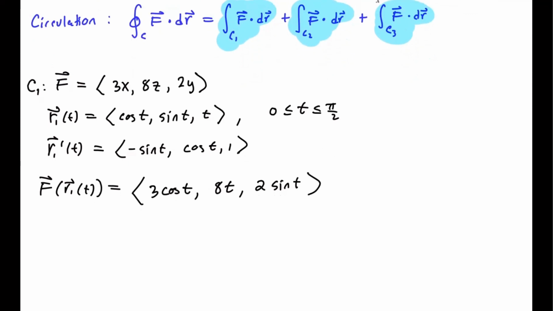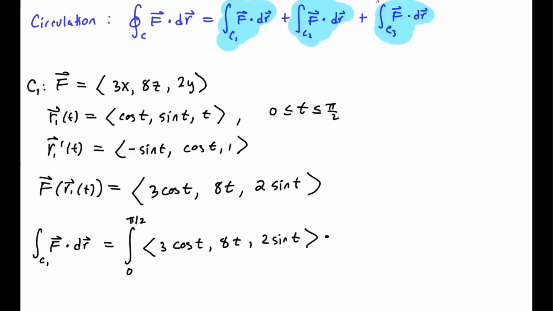Now let's evaluate the first line integral along curve C1 of f dotted with dr. This is going to be the integral from 0 to pi over 2, because that's the bound on t, of f of R of t, which is 3 cosine of t, 8t, and 2 sine of t, dotted with R prime.